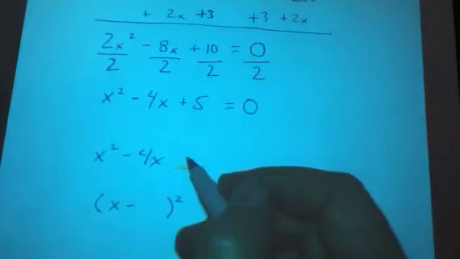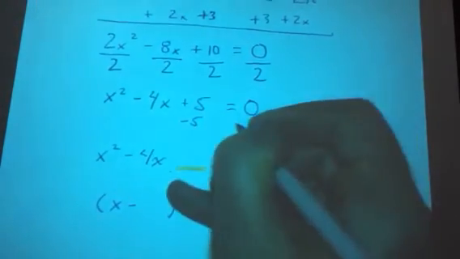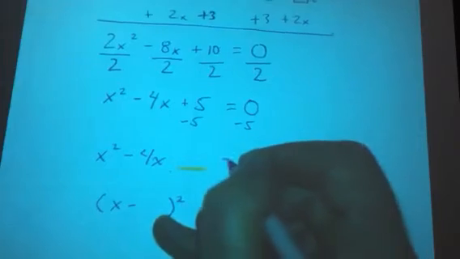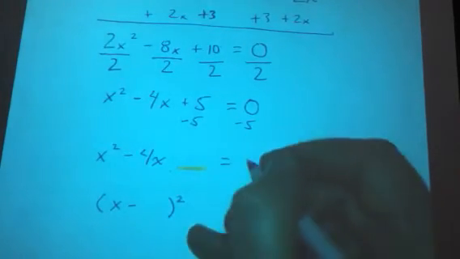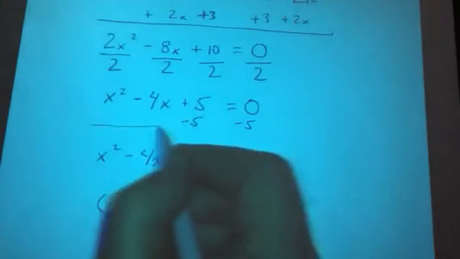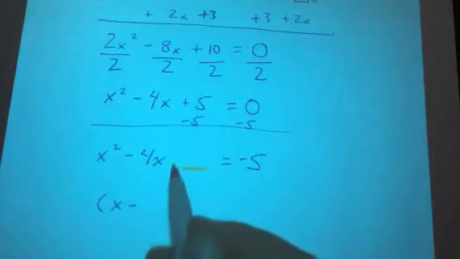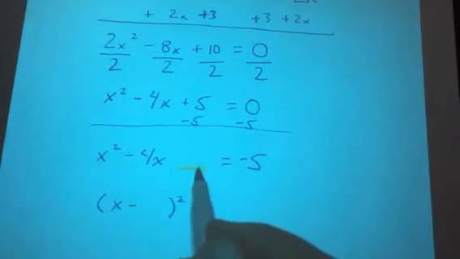So in order to blank out this space, we'll have to subtract the 5, and we'll have to do that to both sides in order to make sure that the equal sign continues to tell the truth. Now we'll say x squared minus 4x plus something equals negative 5.